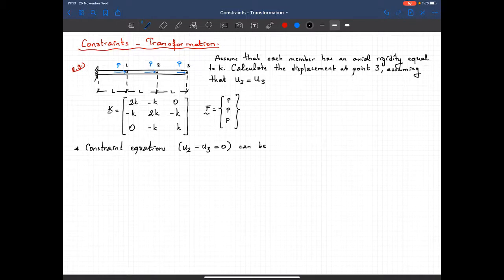It can be written in the following form: C times U is equal to Q. Let's call this one equation star, okay? So this matrix and this matrix contain constraint equation constants.